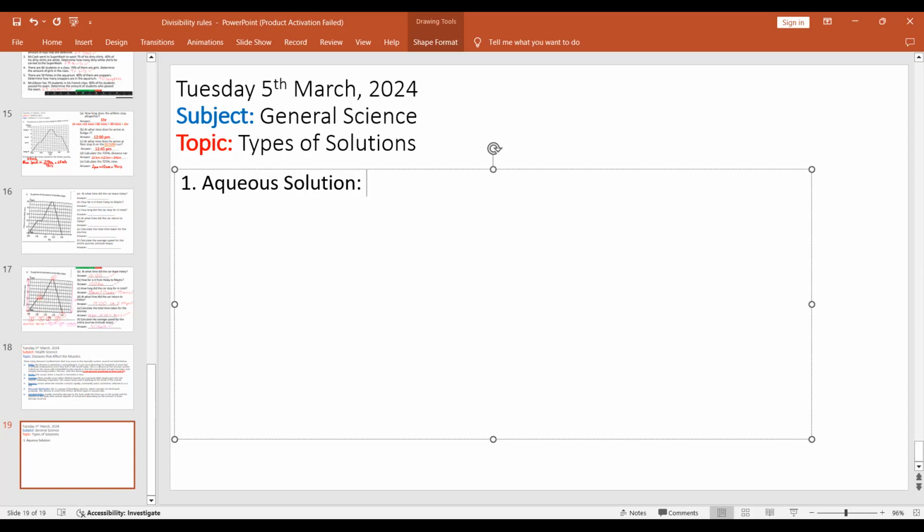So an aqueous solution has something to do with water. It is a type of solution that contains a substance dissolved in water, right?